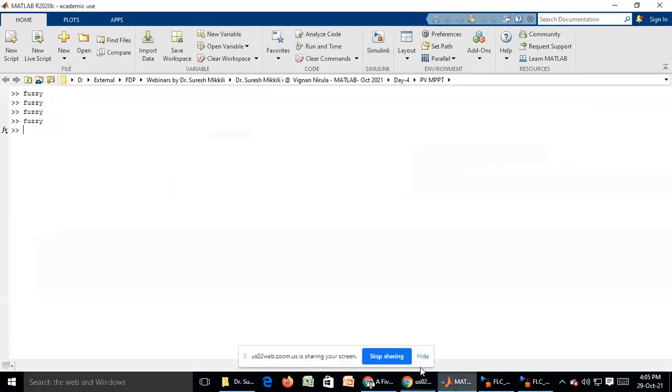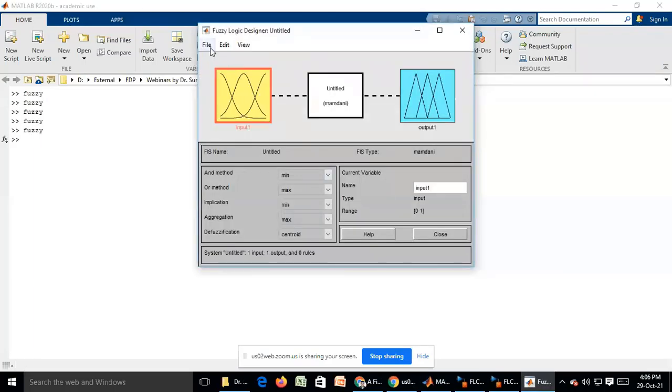See, if I type fuzzy, the block has come. Edit, add variable to the input. Here what I have done earlier is error. These modifications I will explain to you tomorrow. Change in error.